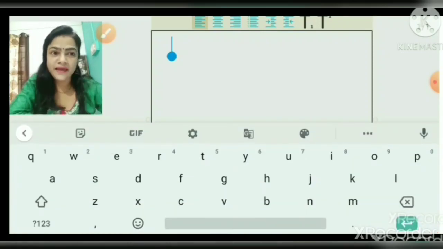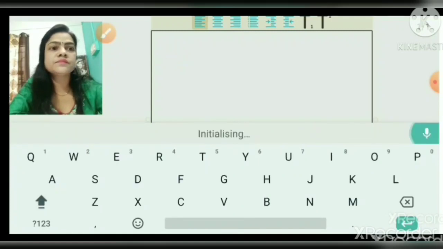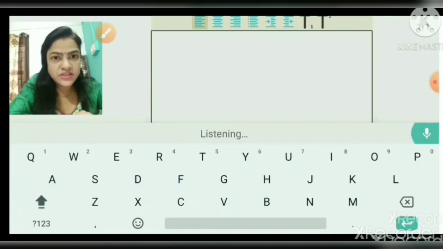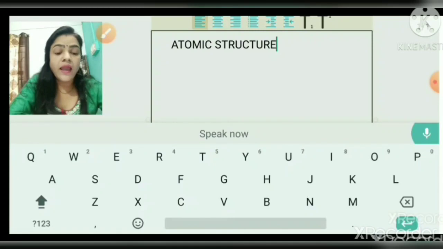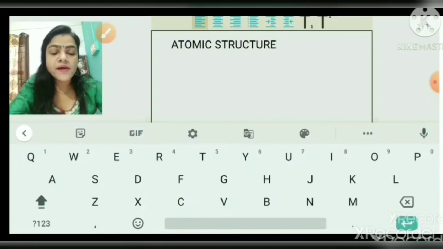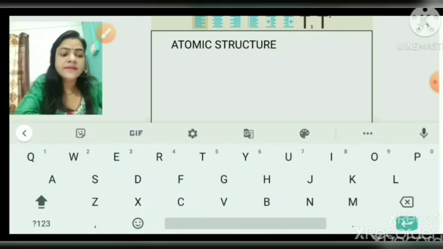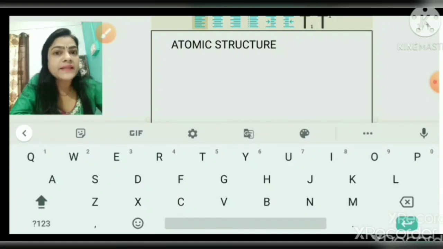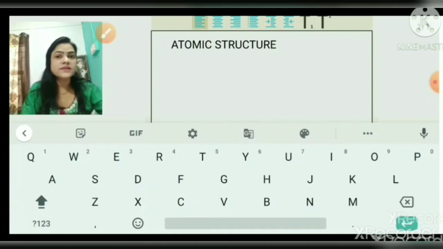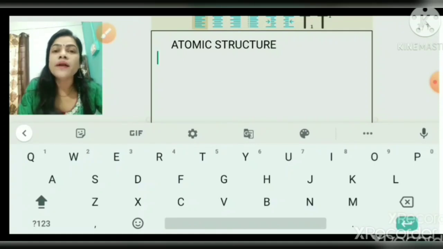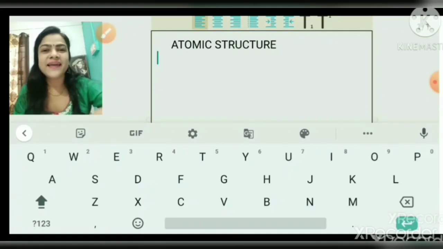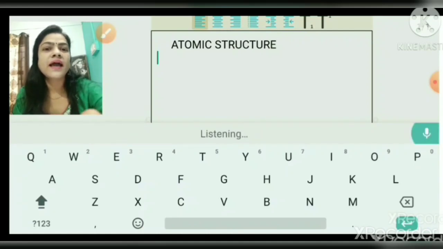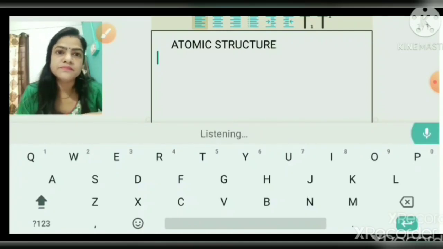Today's topic is atomic structure. Now, as I said before, what is atomic structure? First we should know what an atom is.